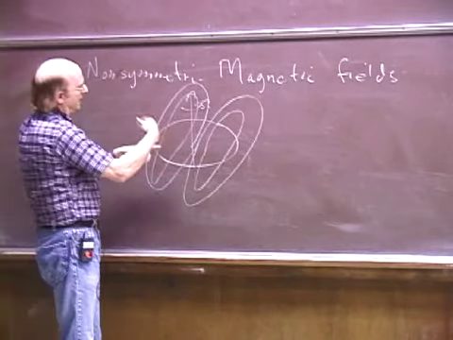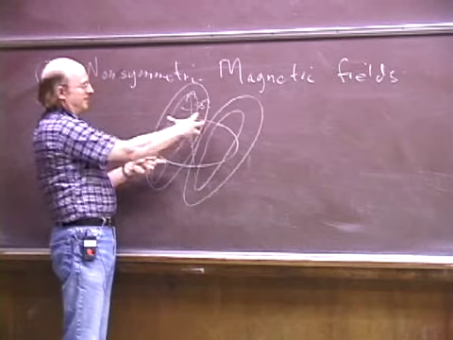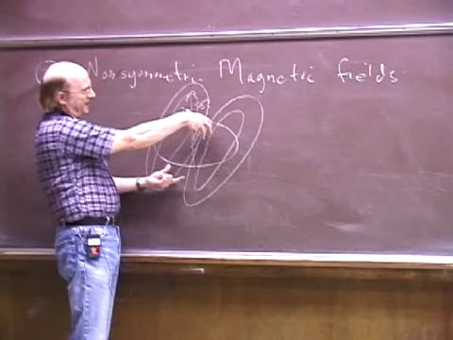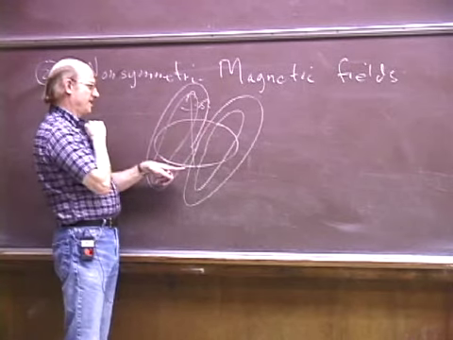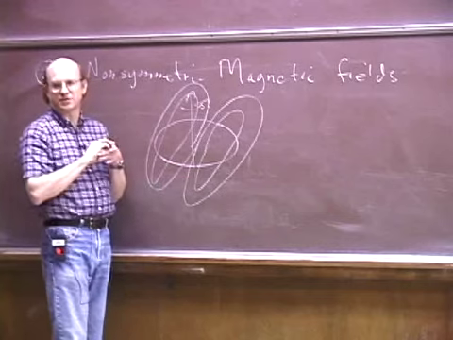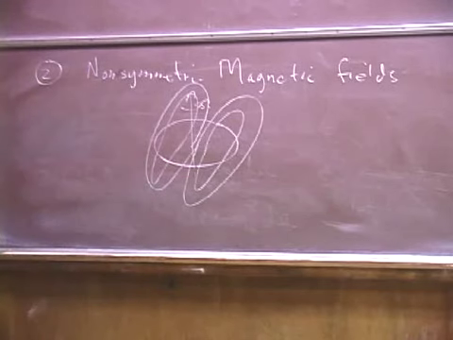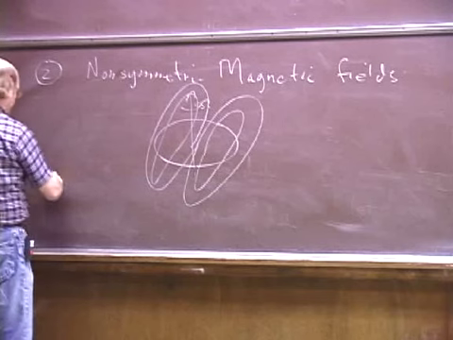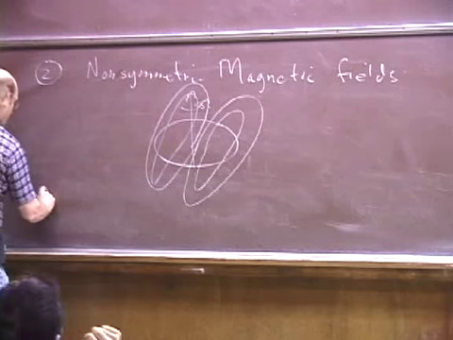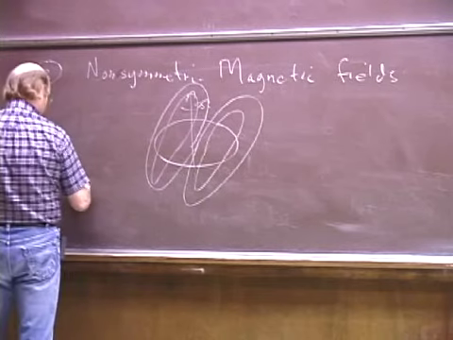And so then, as the star rotates, this non-symmetric shape that's caused by the deformation in the magnetic field could also radiate, in principle. And a third possibility are thermal effects.